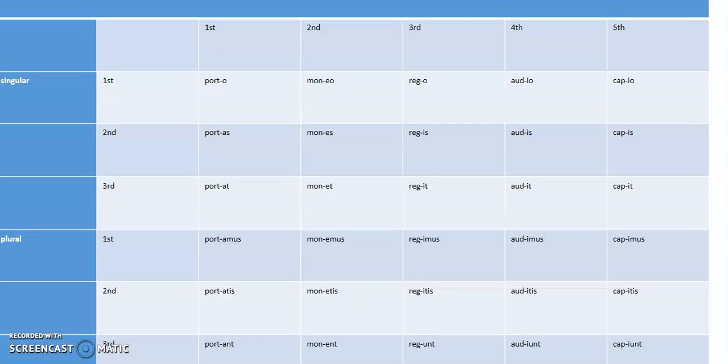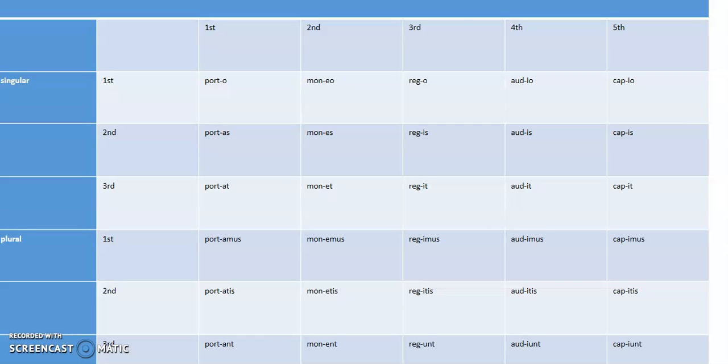Like any other verb you learn in any other language, I, you, he, she. So anything that ends in o is first person, I'm doing it. Anything that ends in s is second person, you're doing it. And anything that ends in t, third person singular, is he or she is doing the action.